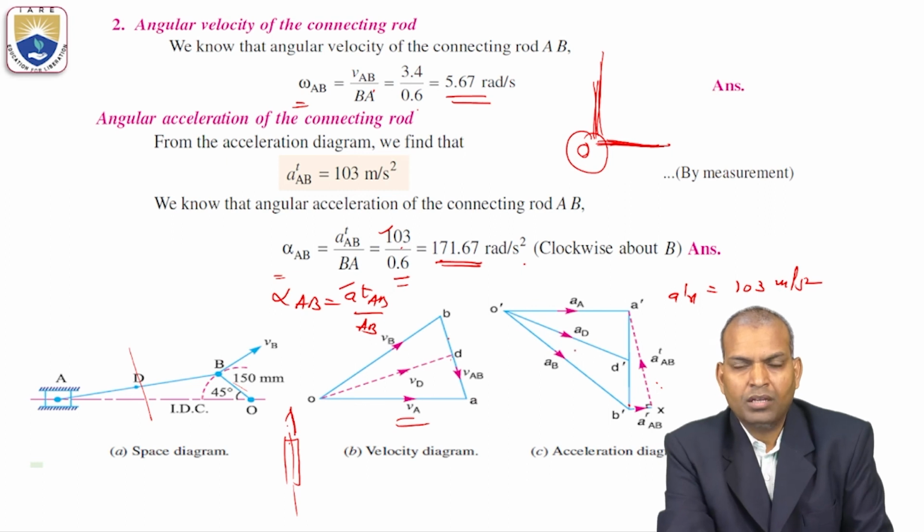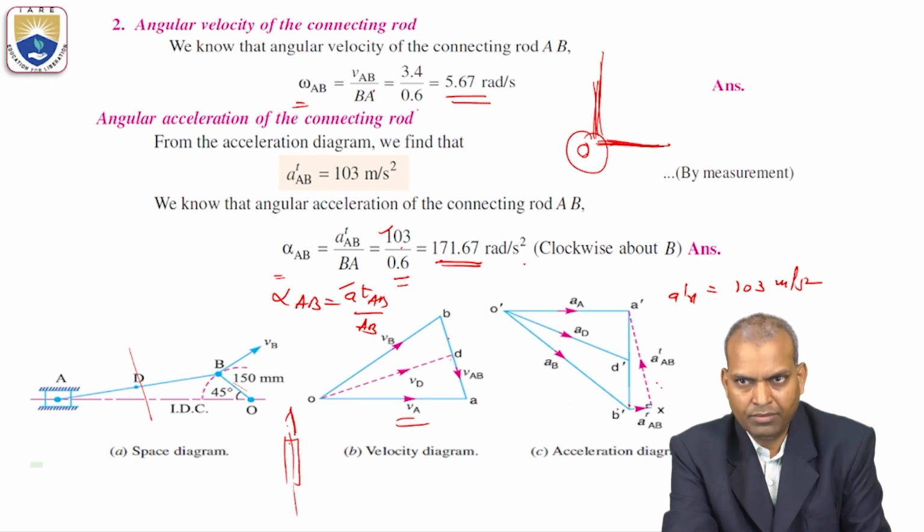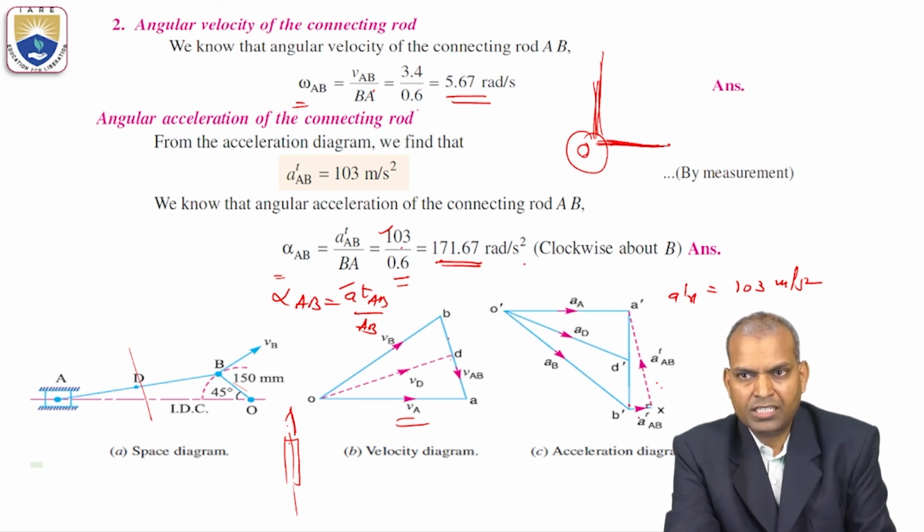Now, next one. In the case of the acceleration diagram, what have we done? If the crank has constant angular velocity, you should know the concepts of radial acceleration and tangential acceleration.